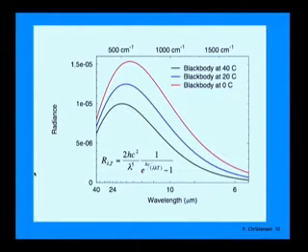Planck, back in the early 1900s, derived this equation from sort of first principles of physics using the quantum nature of the energy structure of materials, and was able to predict then what we observe, and that is that the amount of energy emitted by material varies with wavelength.